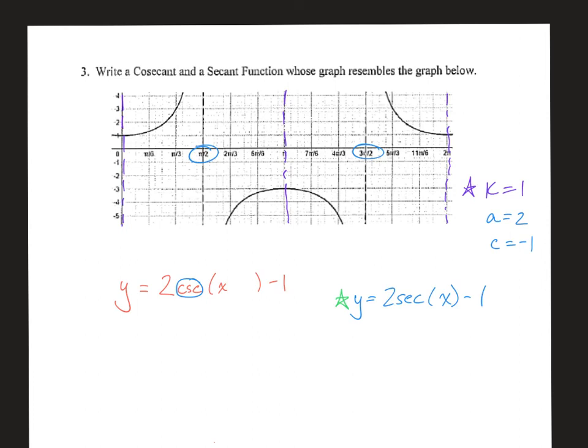So maybe we can see that what we need to do is shift that purple asymptote to the right pi by 2 to get it to lie in the correct position. By shifting it pi by 2 to the right, I will have also shifted the other one, and then clearly there's just an asymptote that I can't see. That might really help us to come up with our proper shift.